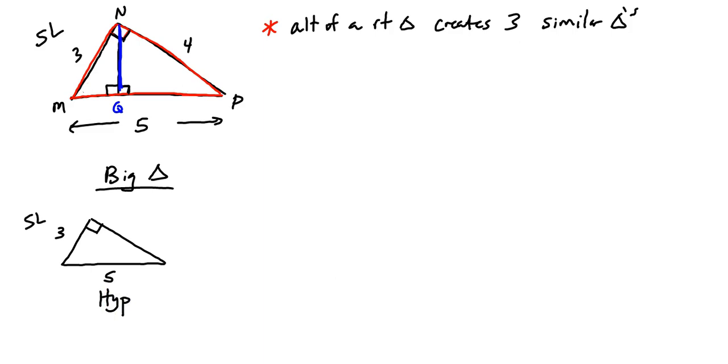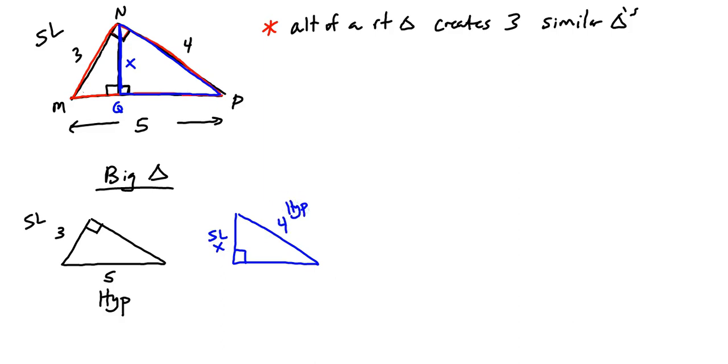But then when I come over here and look at the medium-sized triangle, my shortest leg is right here, and my hypotenuse is 4. So I kind of have this right triangle where my shortest leg is, I don't know, and my hypotenuse is 4.